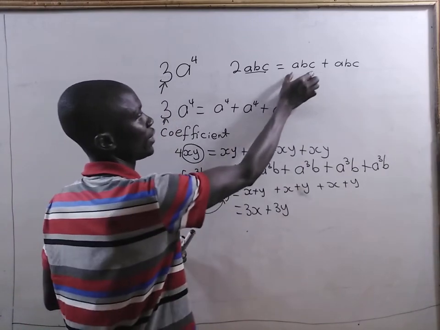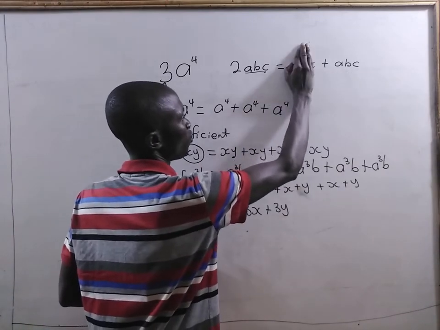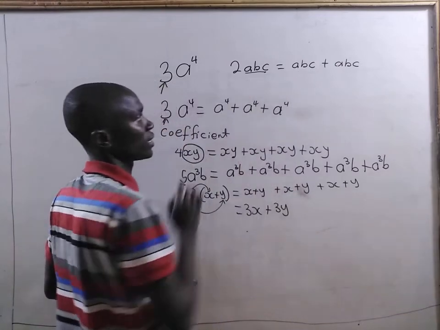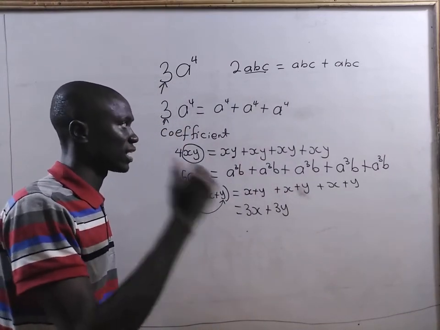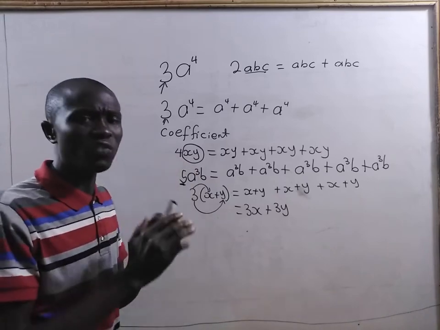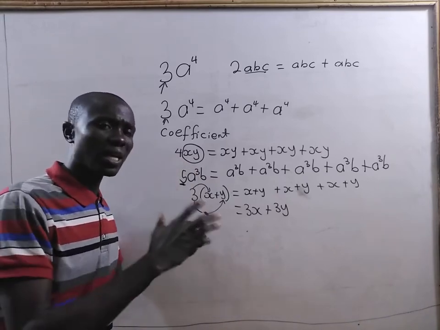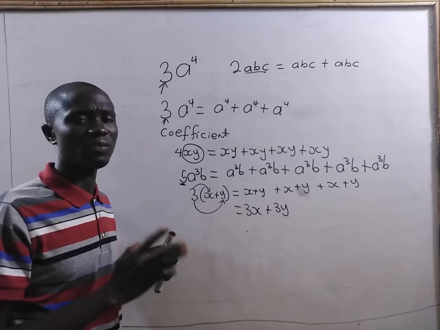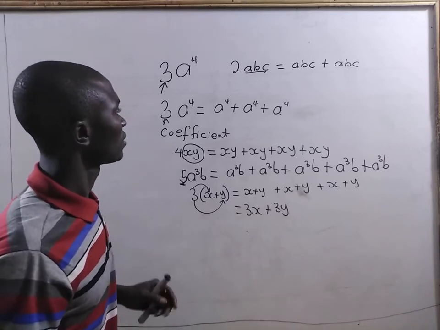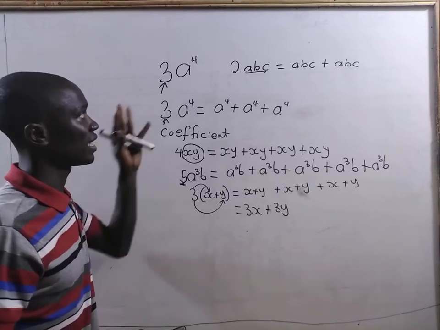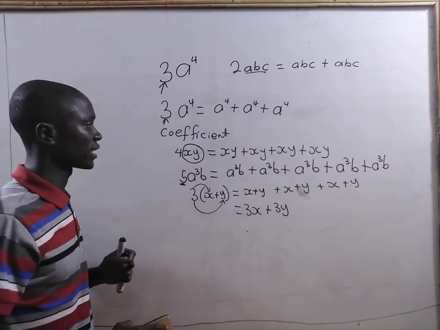So you see that abc, I can count them, I have 1, 2. So that is how we write it. So the coefficient tells us the number of times a given variable is adding itself. Very, very simple as that. Now, let us go to the exponent or the power or the index.